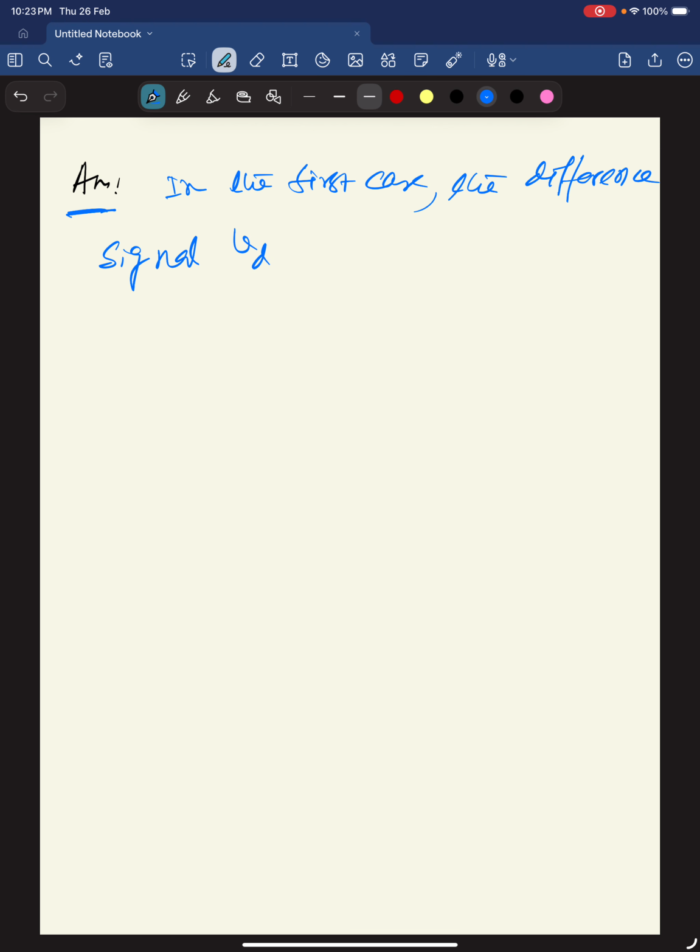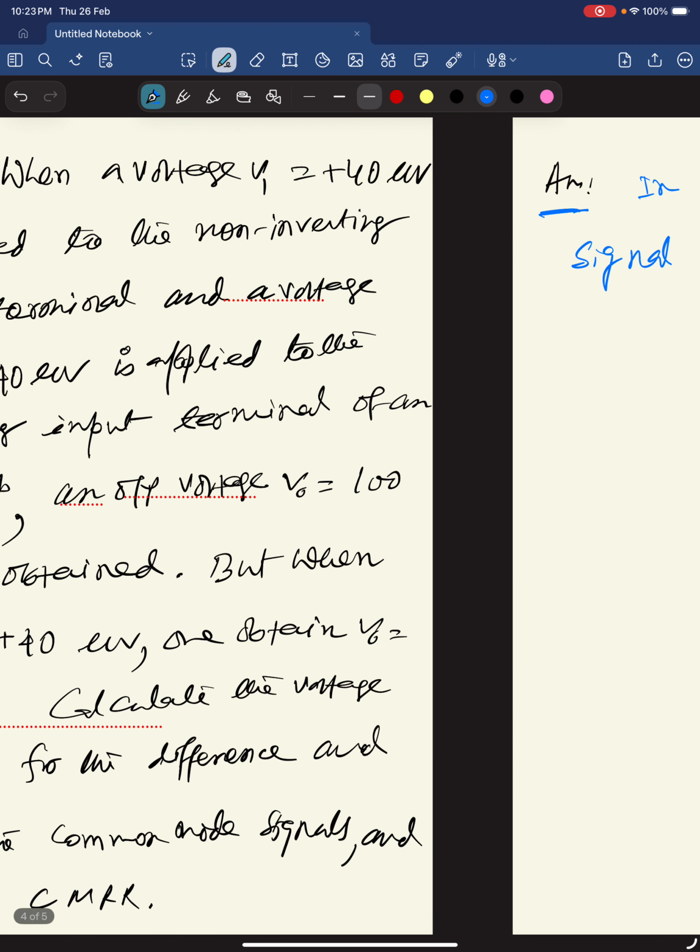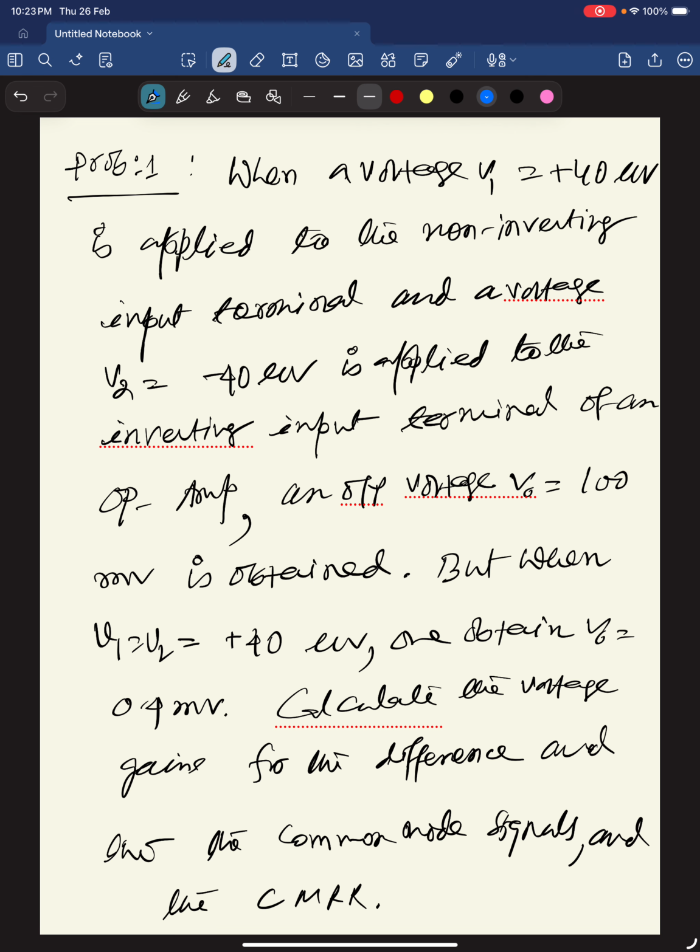Answer. In the first case, the difference signal Vd is equal to V1 minus V2. V1 is equal to 40 microvolt, V2 is equal to minus 40 microvolt.